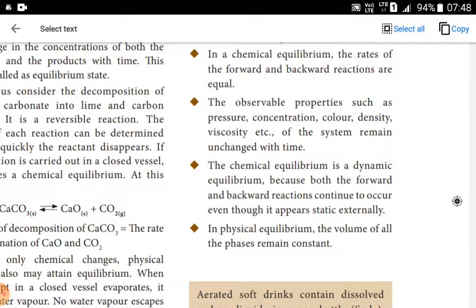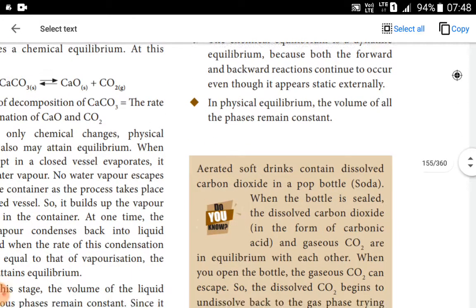Then in aerated soft drinks, that is soda water or carbonated water, see what happens. The carbon dioxide is dissolved in water by applying pressure. The dissolved carbon dioxide and gaseous carbon dioxide are in equilibrium in the soda bottle, in the aerated water bottle.